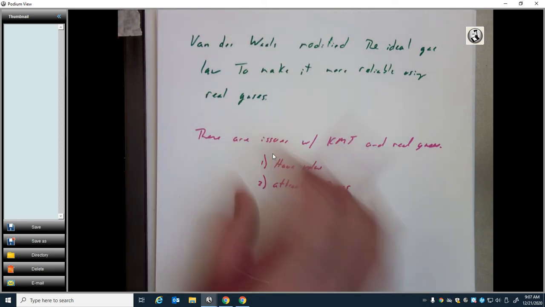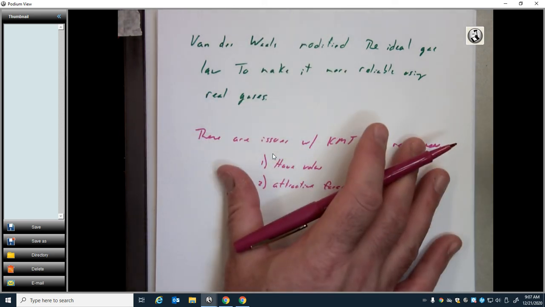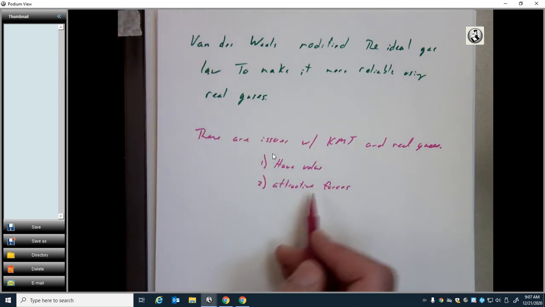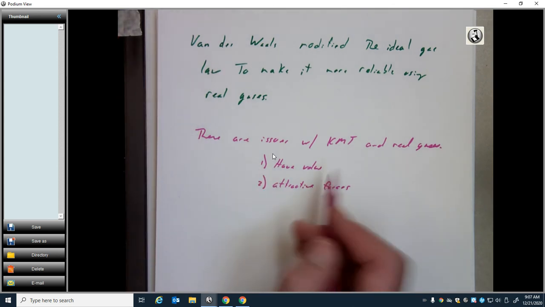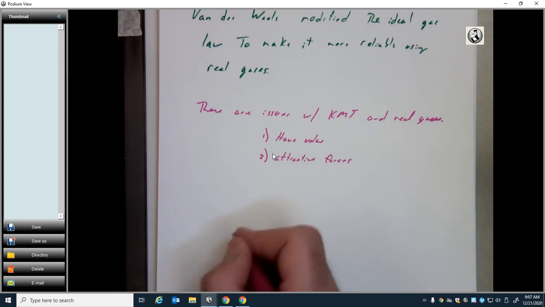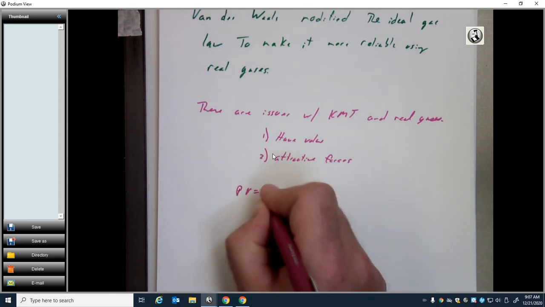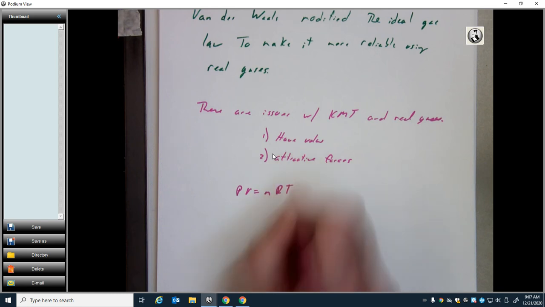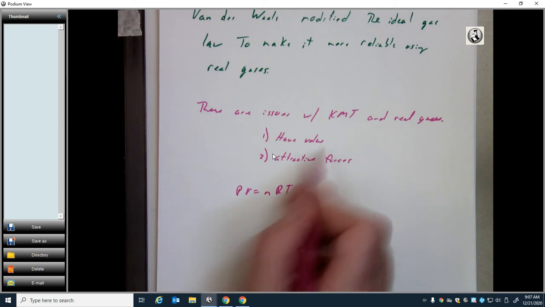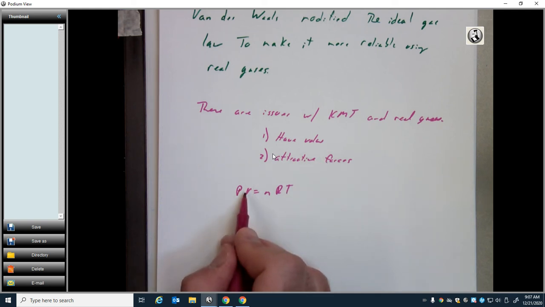So what van der Waals did is he looked at some of these issues and he modified the ideal gas law. So what he said, look at PV equals nRT. There's a problem with the volume here, with the KMT, because we know that those gas particles have volume.